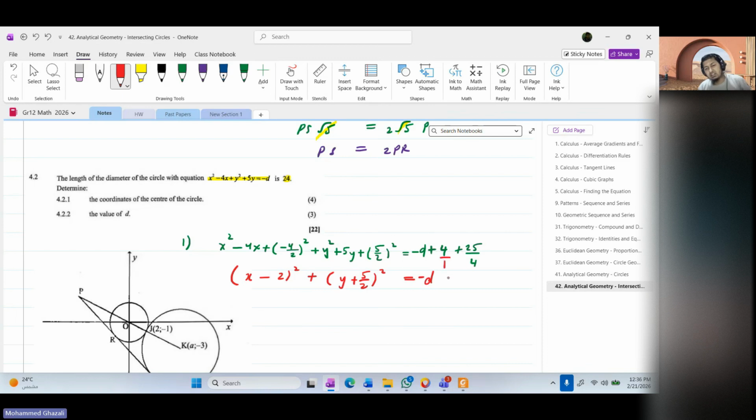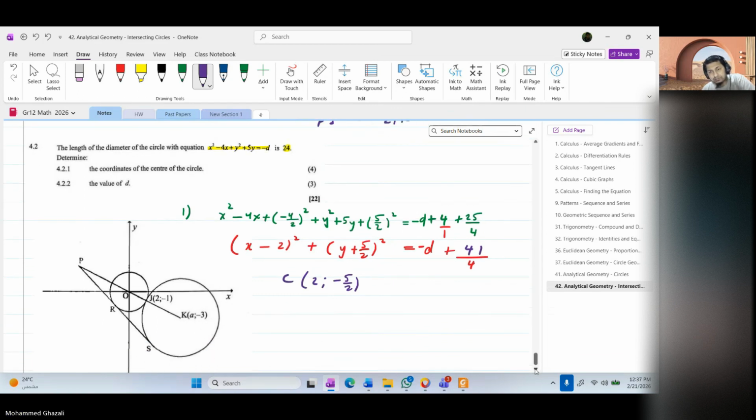So I'm making LCD. 16 plus 25 is 41, so that's 41 over 4. So what's the center of the circle? The center is 2 and negative 5 over 2. Opposite sign, opposite sign.